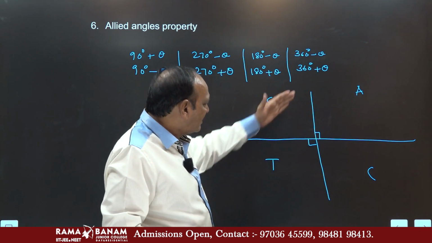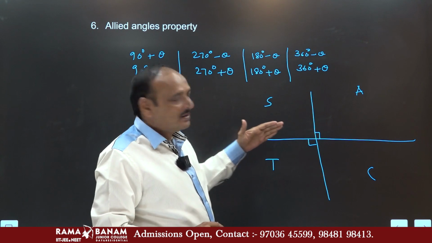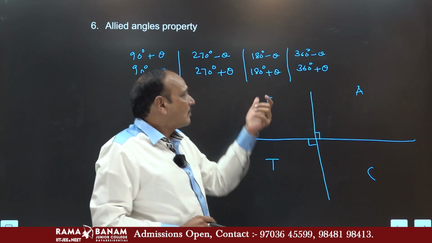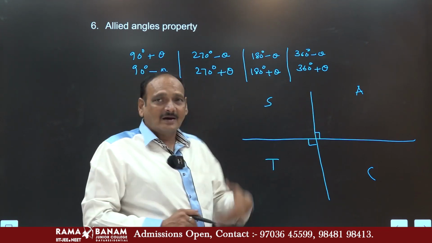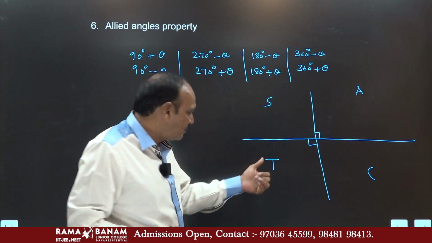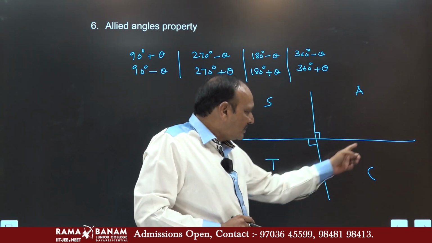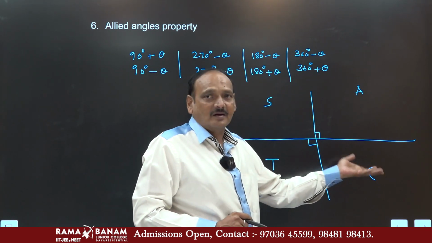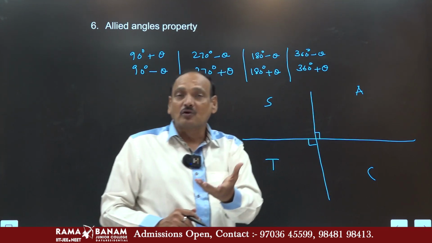In the second quadrant, 90 to 180, sin is positive. Sin का reciprocal कौन है? Cosecant is positive. Now in the third quadrant, tan का reciprocal कौन है? Cot is positive. And fourth, cos, because it is 270 to 360 degrees, cos का reciprocal कौन है? Secant. So secant is positive, so cos and secant are positive in the fourth quadrant.